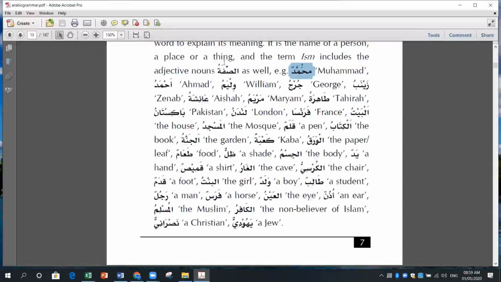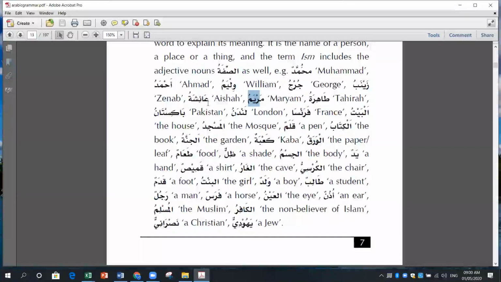We call them munsarif and ghair munsarif. Simply, for example, Zainab, Tahira, Maryam, Aisha, these are all female names. They don't carry the tanween. Just make it a rule: all female names don't carry it.